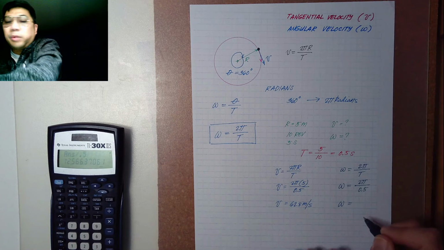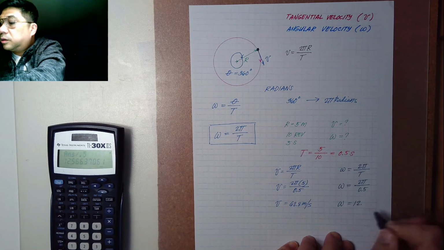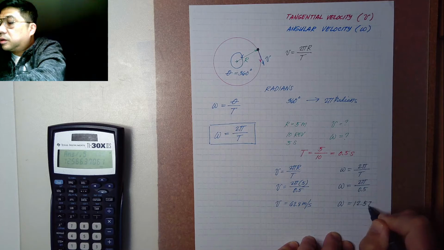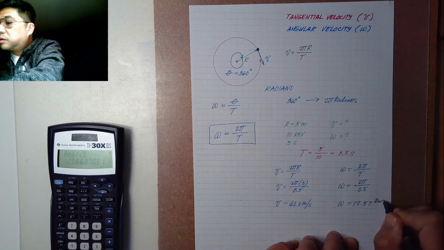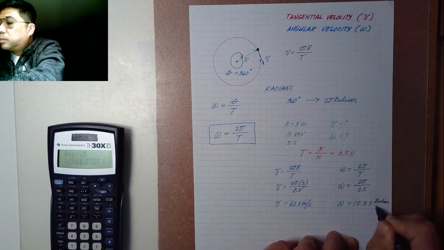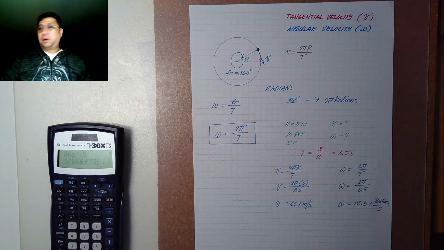So here we have 12.57, and the unit is radians per second. So that will be our unit.